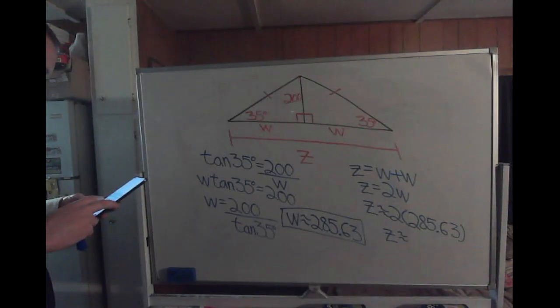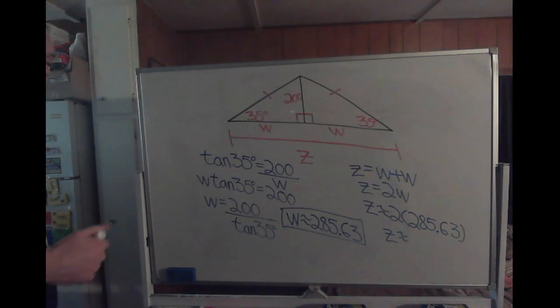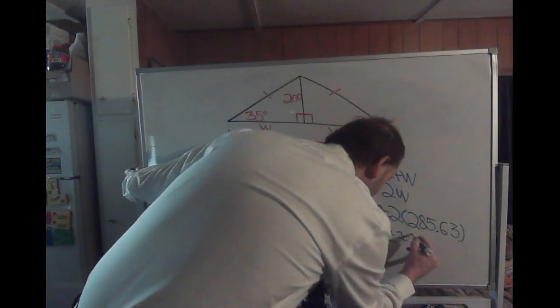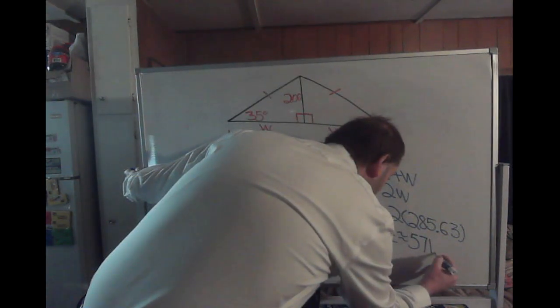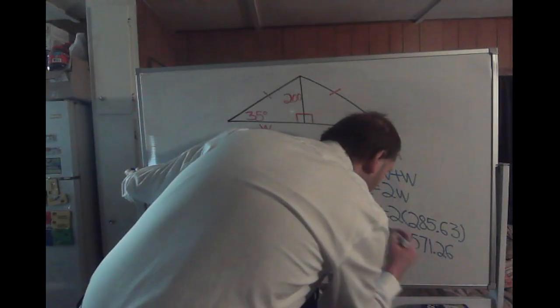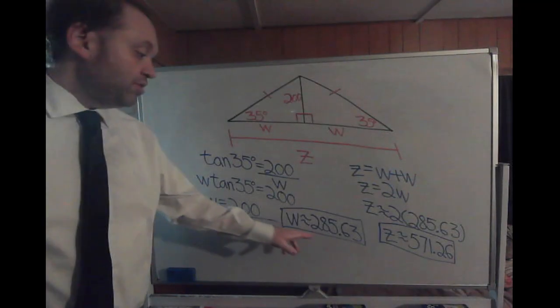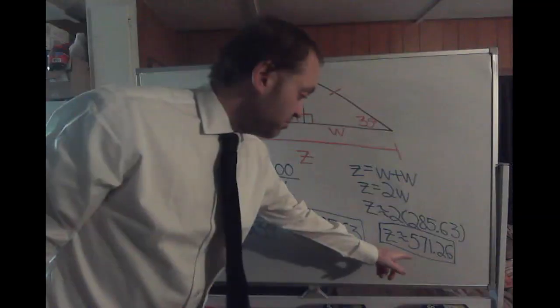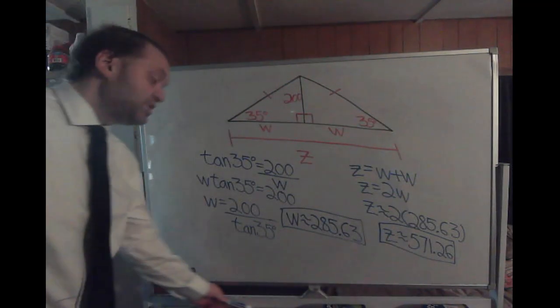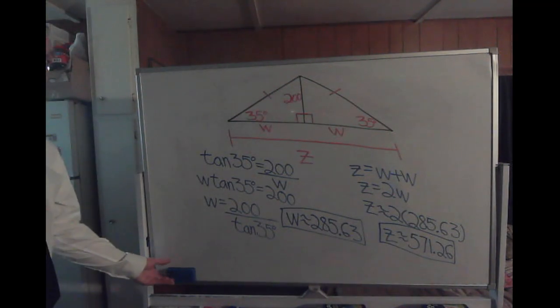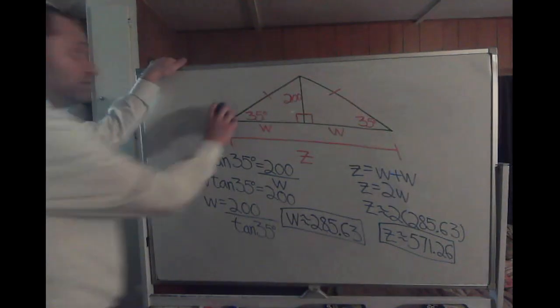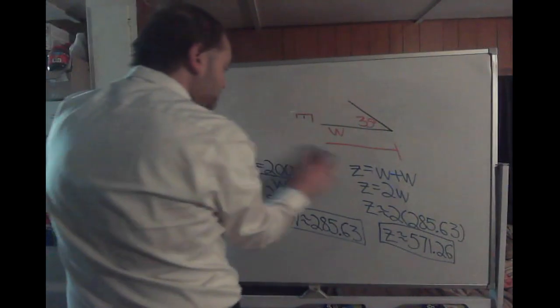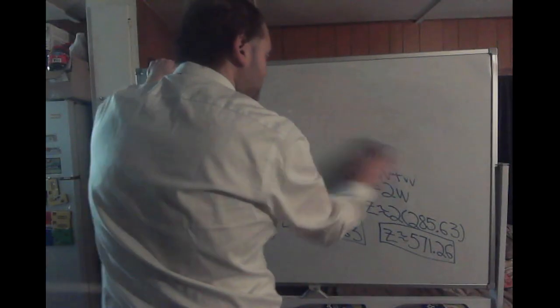So let's see, 2 times 285.63, it's approximately 571.26. Alright, so W came out to be approximately 285.63. Z came out to be approximately 571.26. So knowing your past theorems, like the isosceles triangle theorems and proving right triangles congruent, those really do come in handy on some of these.